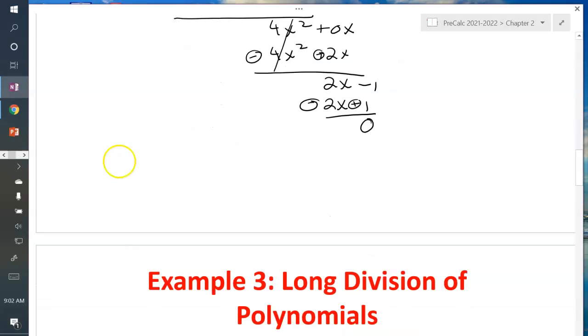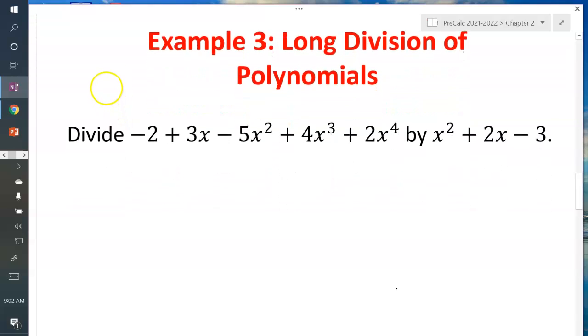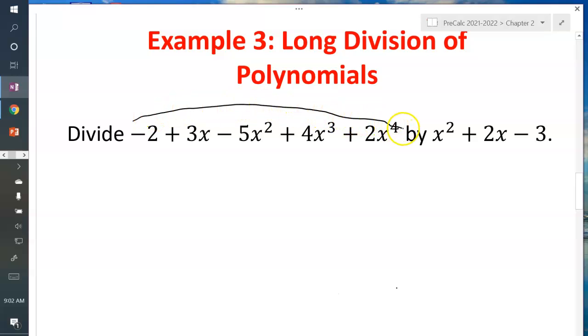All right, next one we're going to do. Again, we're doing long division, but notice this time we've written this one in reverse order. So I need to rewrite this starting with the highest exponent and working my way down. Also notice I have a trinomial over here. I can still use my same algorithm even though I've got a trinomial there.